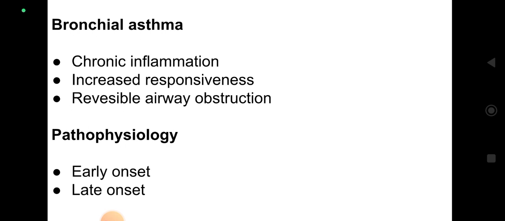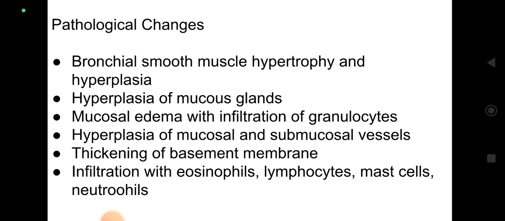Pathophysiology includes early onset and late onset. Pathological changes are bronchial smooth muscle hypertrophy and hyperplasia, hyperplasia of mucous glands, mucosal edema with infiltration of granulocytes, hyperplasia of mucosal and submucosal vessels, thickening of basement membrane, infiltration with eosinophils, lymphocytes, mast cells, neutrophils.